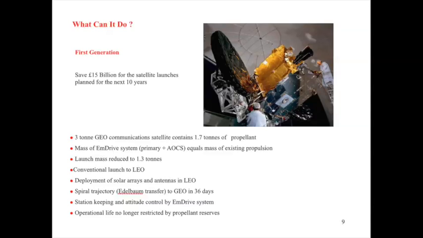Once you're in orbit on station, you can use the technology for station keeping and attitude control, and this means that you no longer are restricted by the reserve propellants for operational life. It does give you the opportunity of having much longer operational life for your satellite.